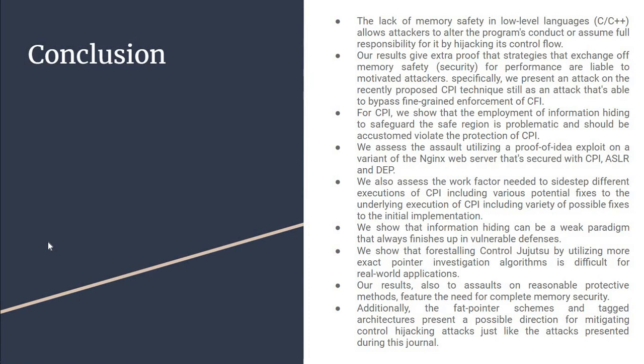We show that strengthening control flow protection by utilizing a more exact pointer analysis algorithm is difficult for real-world applications. Our results, together with the attacks on reasonable protective methods, highlight the need for complete memory safety. Additionally, fat pointer schemes and tagged architectures present a possible direction for mitigating control hijacking attacks like the attacks presented in this presentation. That's all from us.